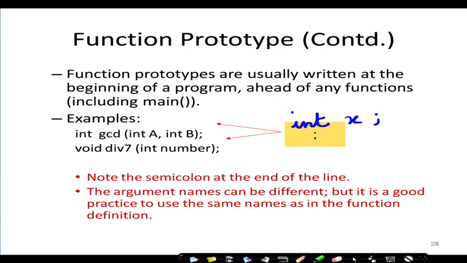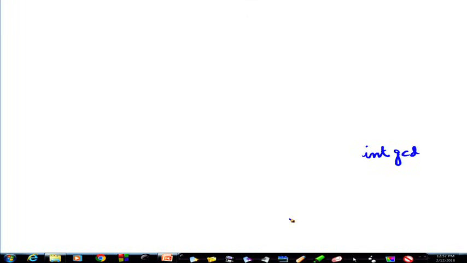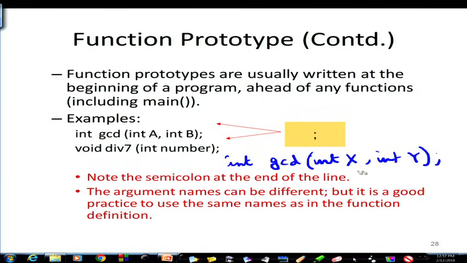What is being said here is that although I am showing A and B here, when I am actually writing the function later, on int GCD, I can write int GCD int x comma int y, that is also possible, because my prototype just said 2 integer places.